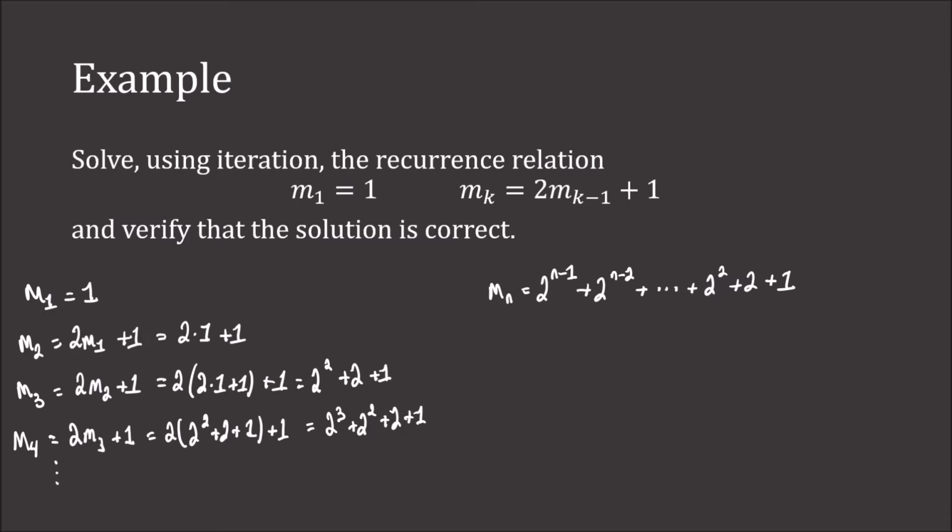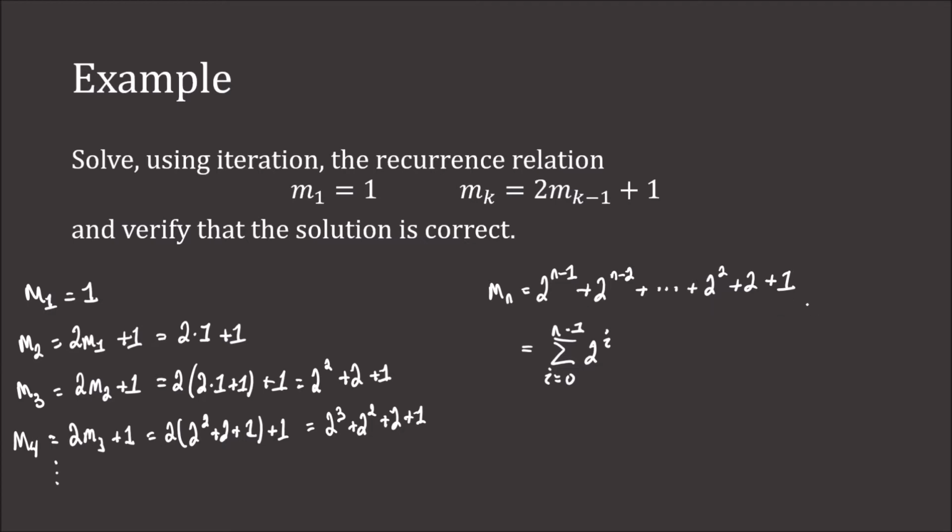Now, what we want to do is take a look at this piece. That can be written as the summation i equals 0 to n minus 1 of 2 to the i. The reason it's 0 is simply because 2 to the 0 is 1.